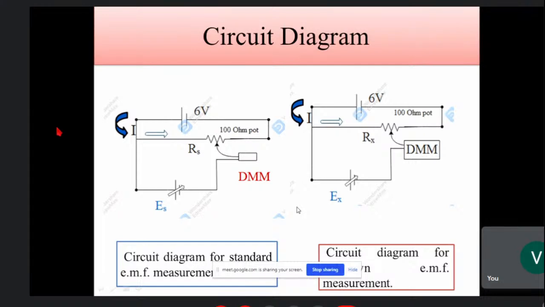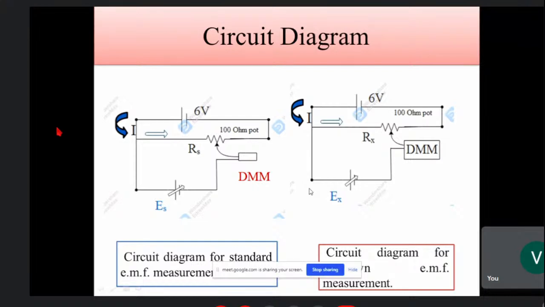But if this point is high voltage and this point is low voltage at a 30 ohm, then 60 milliampere into 30 ohm, that voltage, if this can balance this voltage, then only there will be null, because this voltage is trying to send the current in the anti-clockwise direction, whereas this cell, the fixed cell that he has used for the first one, this is a variable, it's unknown.